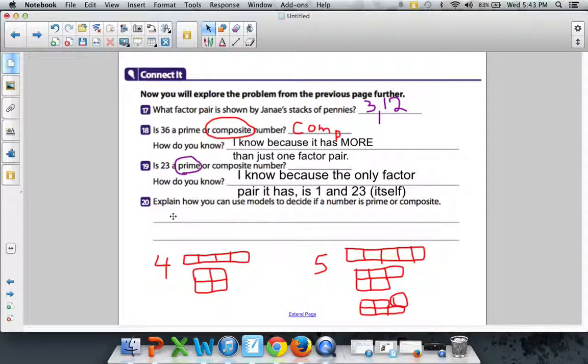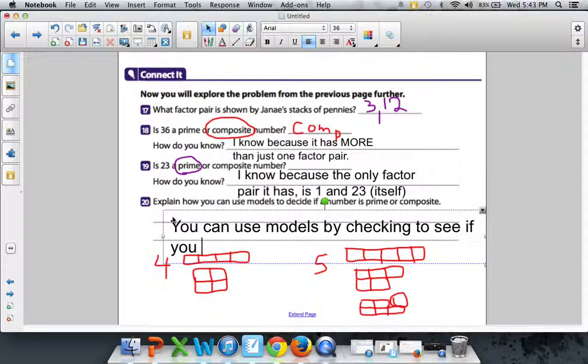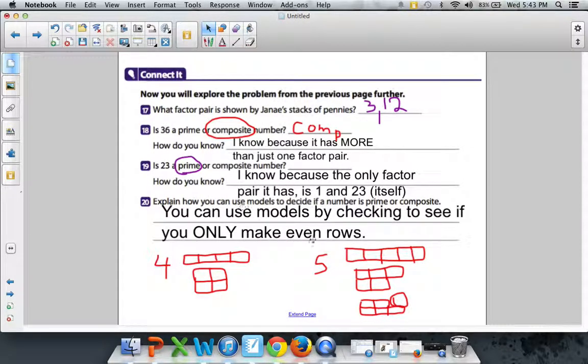So that is what we're talking about here. You can use models to decide if a number is prime or composite. You can use models by checking to see if you can only make even rows. And I'm not just talking about straight across one time, because you can do that with any number.